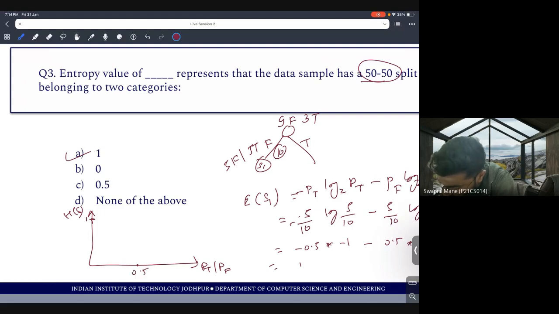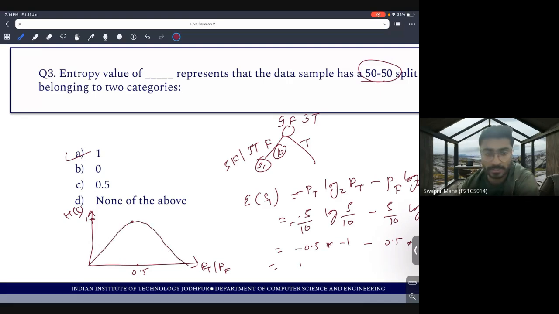So at 0.5 we are getting entropy equal to 1. And for zero entropy, the probability of true and false is for a pure node, that is 1 maybe, right? So this is the way the plot goes for the entropy, for this 1.5 and for the probability of 1.